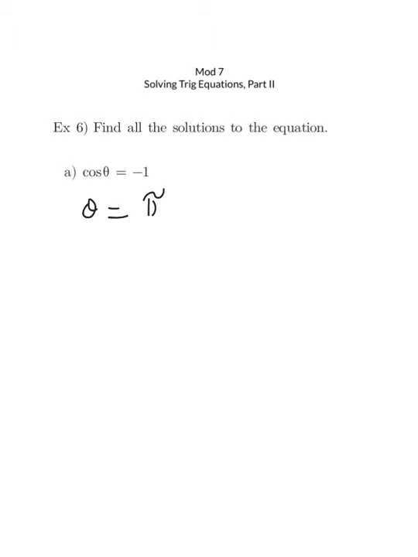The difference here is you want to write a representation for all of the solutions to the equation. So if you were to continue going around the unit circle repeatedly, how long would it take you to get back to pi? It would take a full revolution.